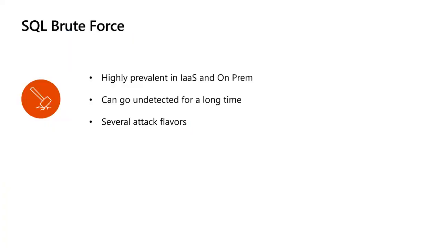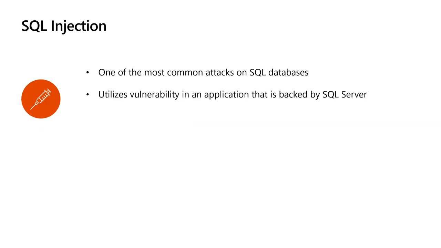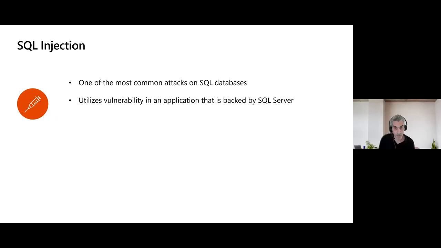For the next demo, I'm going to talk about SQL injection, and for that we are going to demo it on a SQL Azure database. So first of all, what is SQL injection? It's one of the most common attacks on SQL databases. In a nutshell, it utilizes a vulnerability in an application, but not in the SQL server.